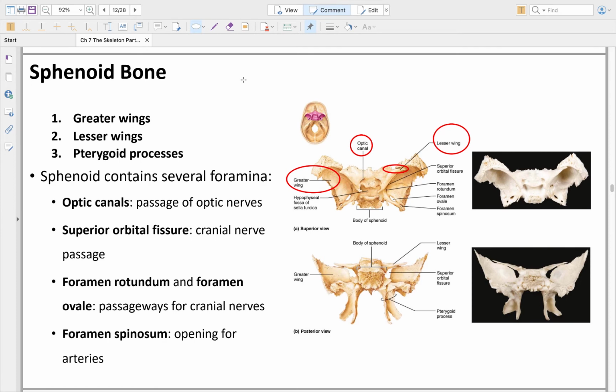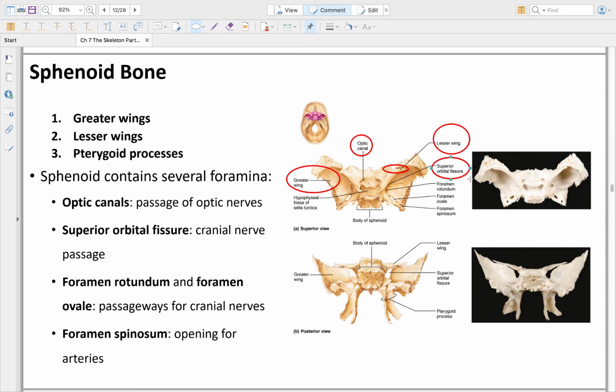So the sphenoid bone has lots of foramina, which are, of course, holes, right? And so let's go through a couple of those ones. Of course, the optic canal. What about the superior orbital fissure? That's a pathway for cranial nerves.